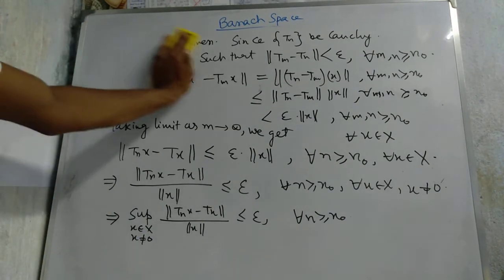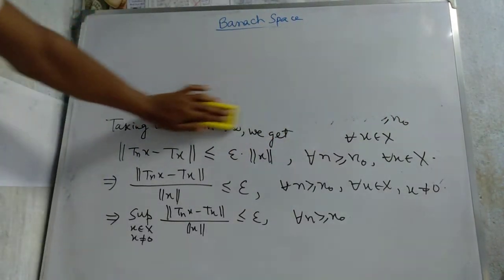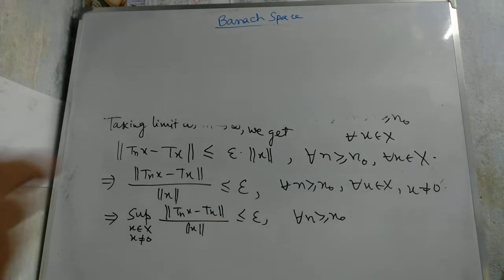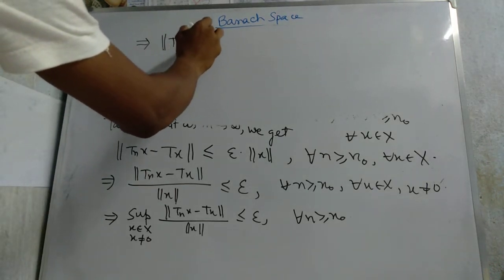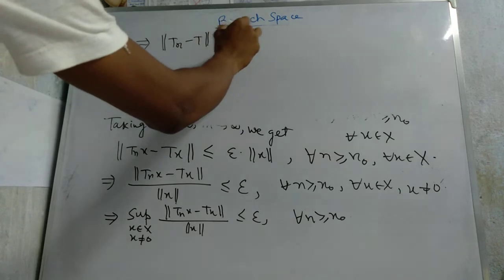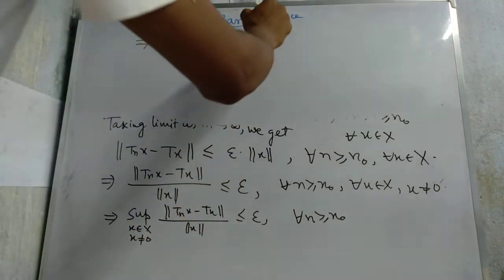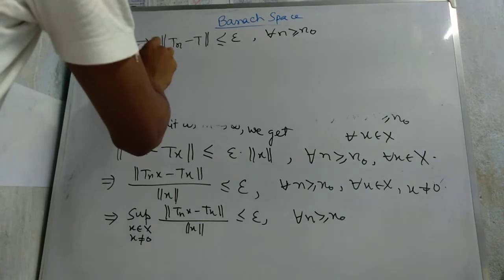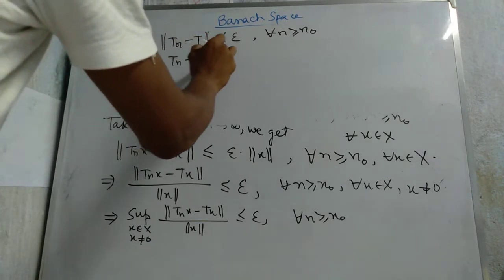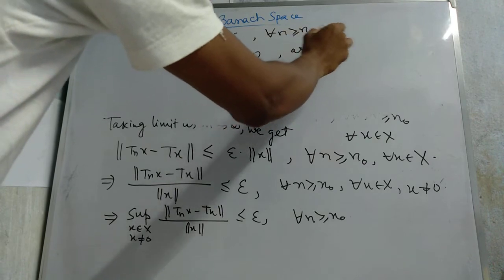We erase our portion here. Now we get norm of Tₙ minus T less than or equal to epsilon for all n greater than or equal to n₀. This implies that Tₙ minus T tends to 0 as n tends to infinity.